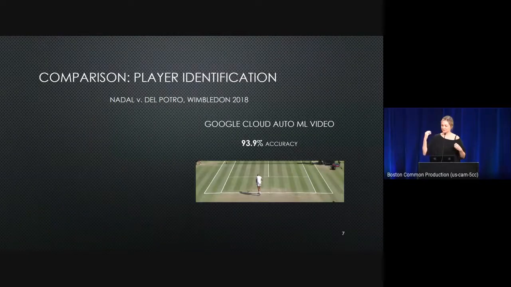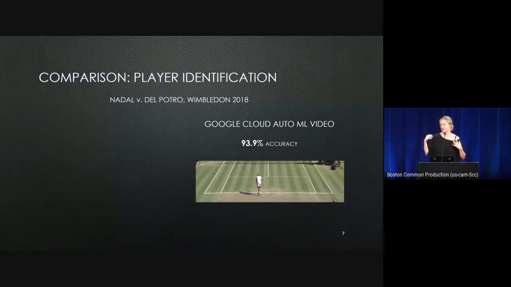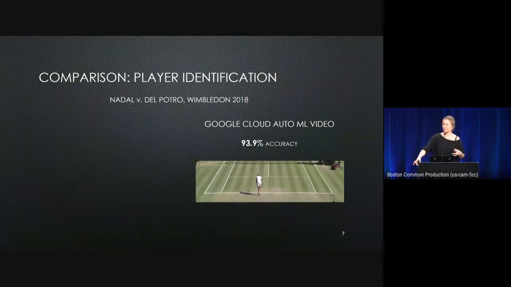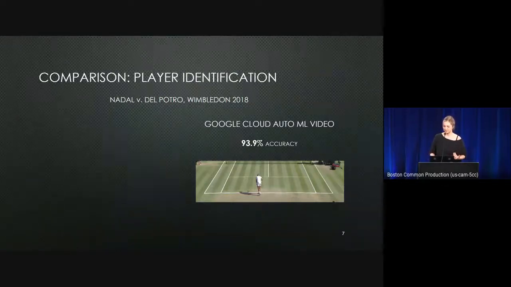And of course, coloring and the position of the camera and all of these different things, even whether or not somebody's tennis racket or bag might be present versus not present on the right-hand side of the screen, might give it clues as to who's playing at this given moment.